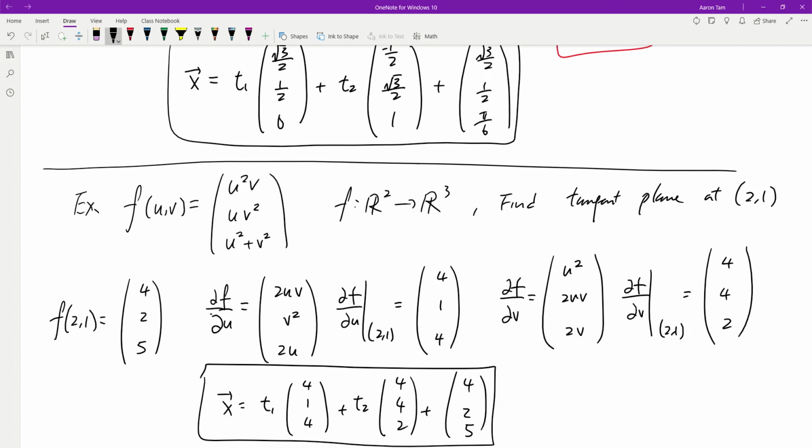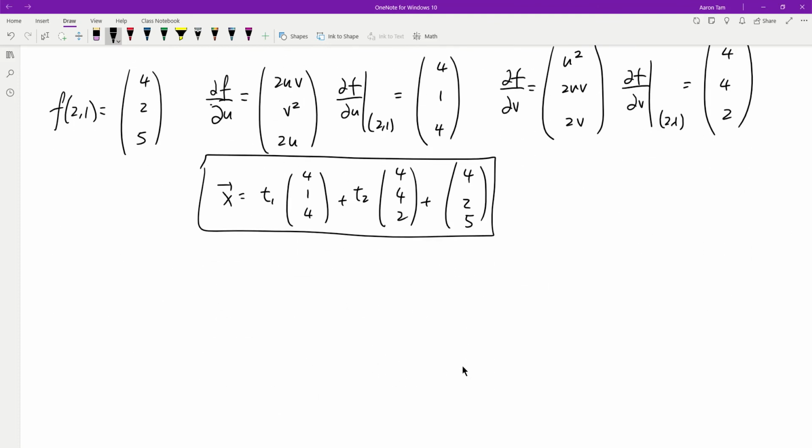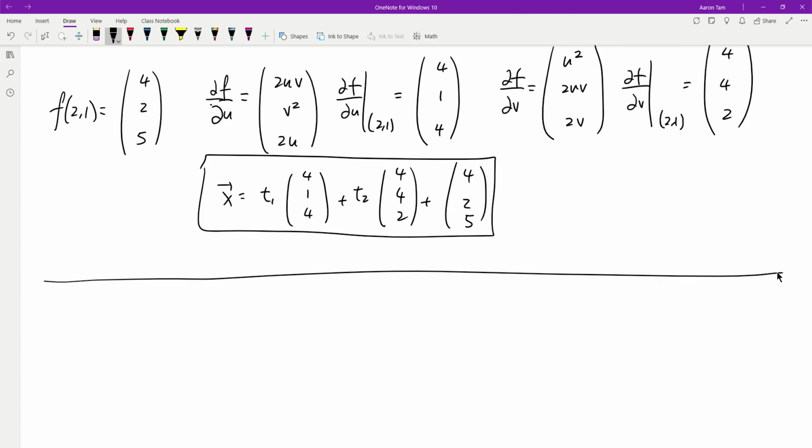Good. Now, important to understand is that we now have two different tangent plane formulas. They're both for tangent planes in R3, so it's very important that you sort them out. Right now, what we have are two different tangent plane formulas. It's important to understand the similarities and differences between them so that you don't get confused.